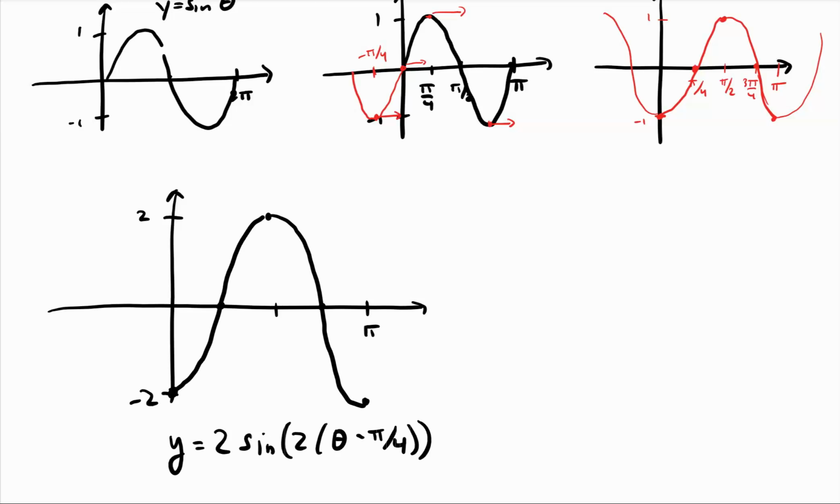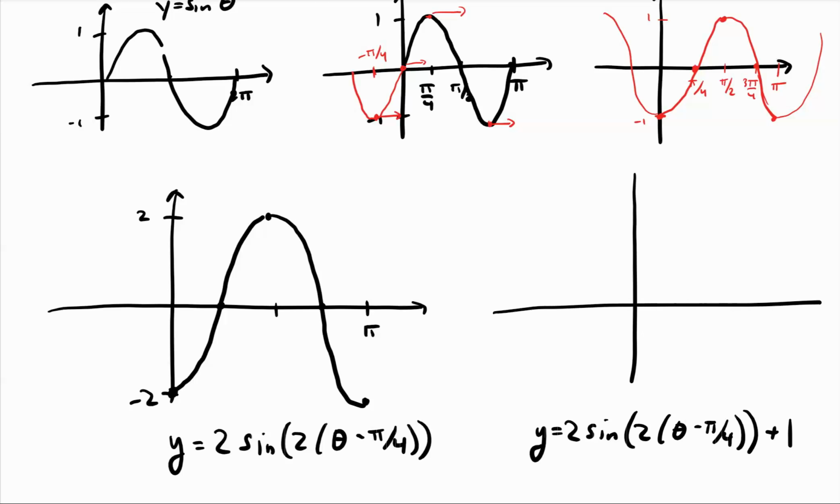And finally, we're going to shift it up by 1. Shift it up. So now the range is going to change, right? So we're going to be between minus 1 and 3. Let's say this is pi here, pi over 2, 3 pi over 4, pi over 4.